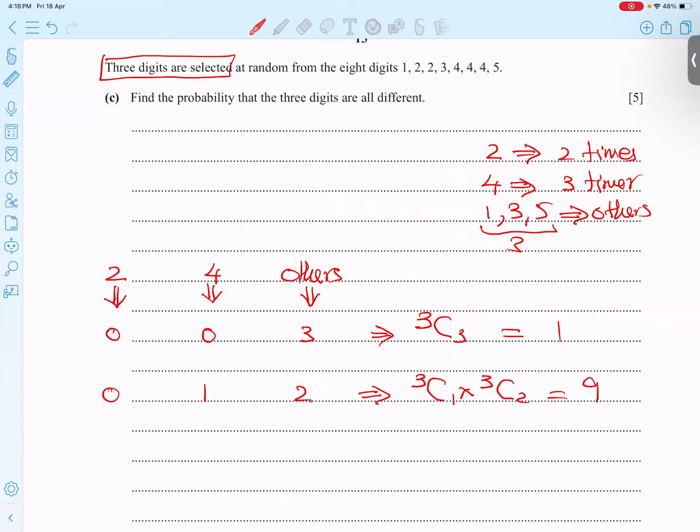Okay. Now, if I take a zero here and one here and two again, same here. So this, because two repeating, so I will write 2C1. Wait a minute. So 2C1 into, again, this two I take from others. So 3C2. There's a three, there's a two, three twos are six.